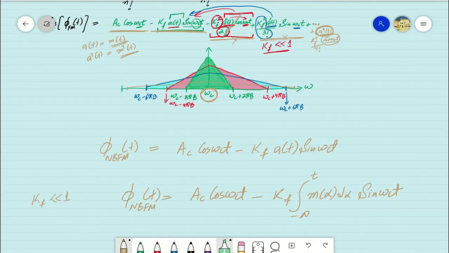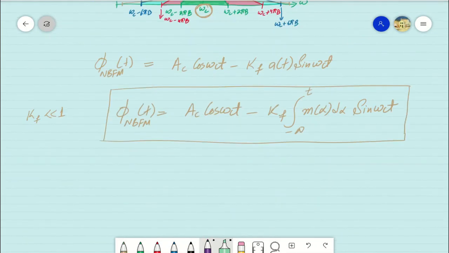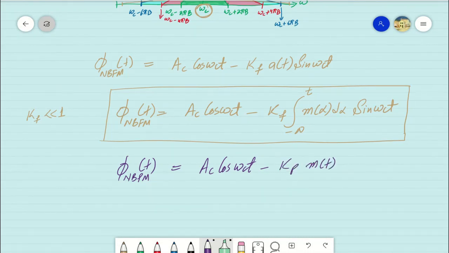Then we can ignore the terms of higher order from this expression, and we can only consider the first two terms in this expression. Similarly, we can write a narrow band phase modulated signal's expression as the carrier sinusoid in its original form minus kp multiplied by the information signal shifted across omega c, that is carrier frequency.